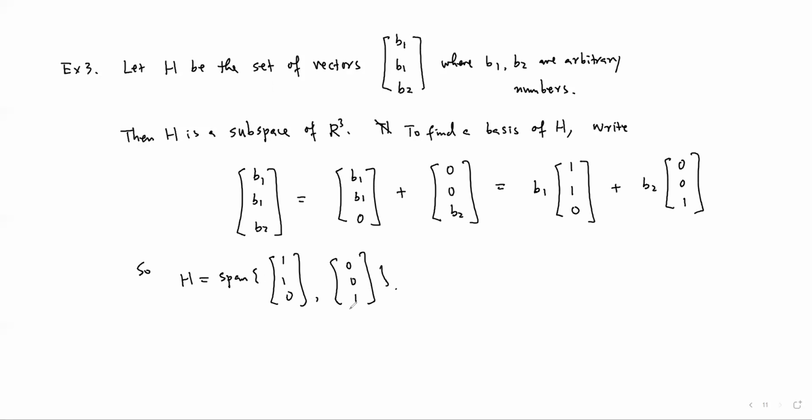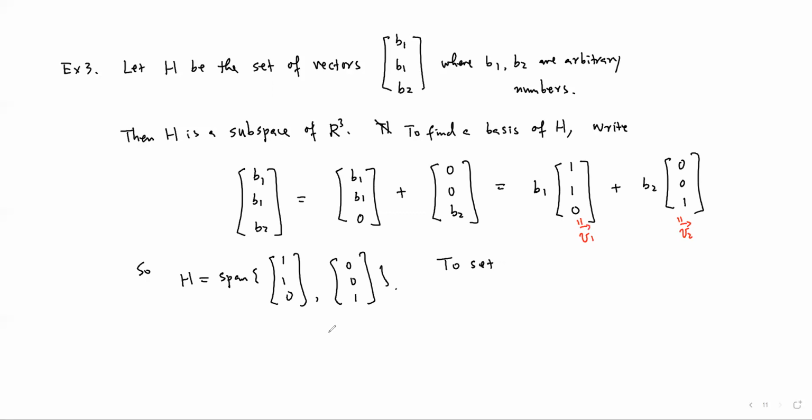Now, whether or not this spanning set is a smallest spanning set, to see this, we need to check whether or not these two vectors are linearly independent to each other. Let me give names. Call this V1, V2.